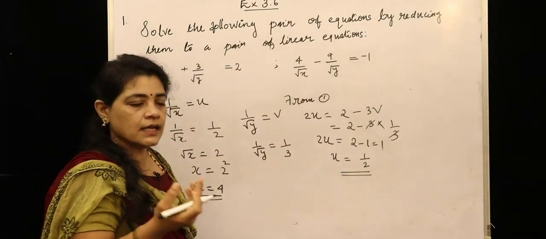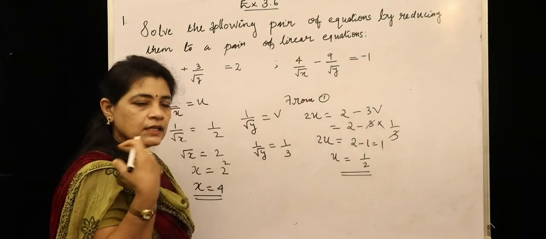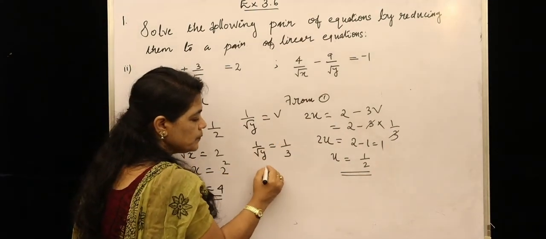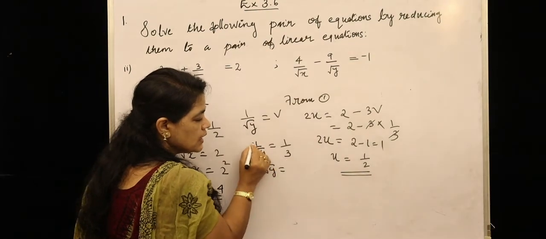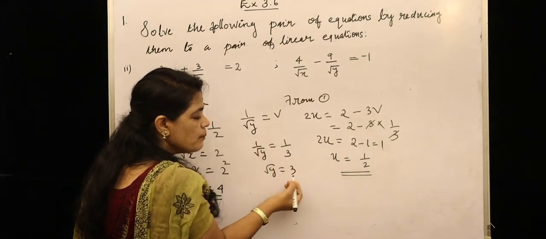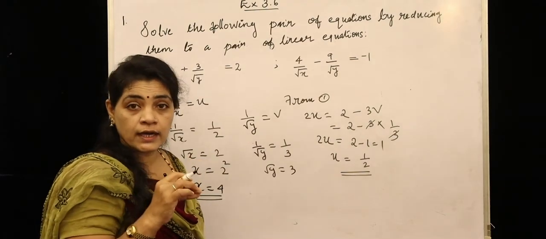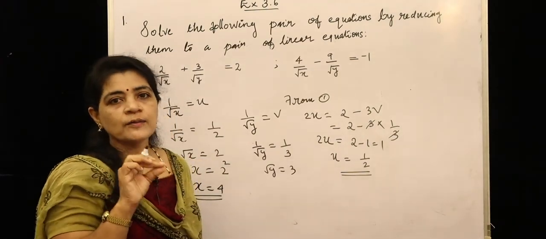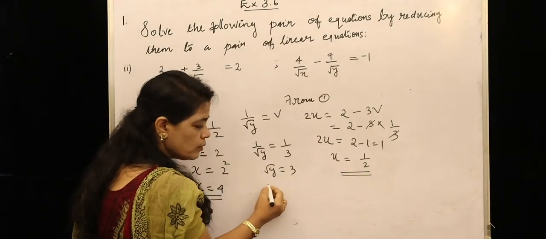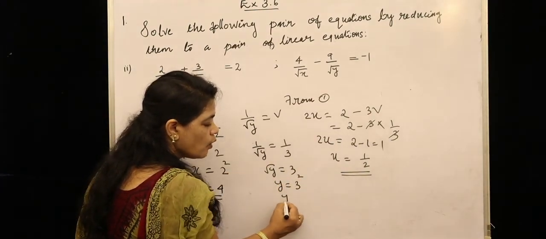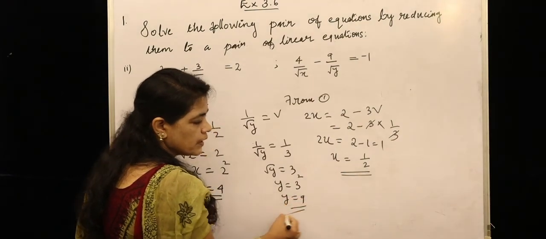Both ideas are the same. Whichever you feel easy, you can apply, that doesn't matter. So root y is equal to this 3 into 1 is 3. By squaring on both sides, you can eliminate the square root sign from y. So squaring on both sides, y is equal to 3 square, or y is equal to 9.